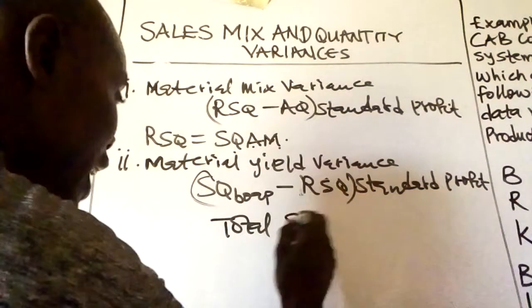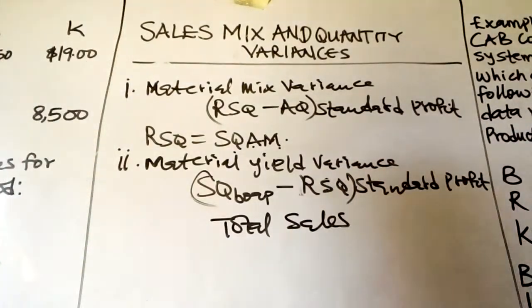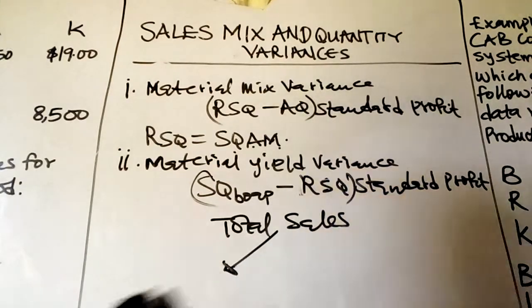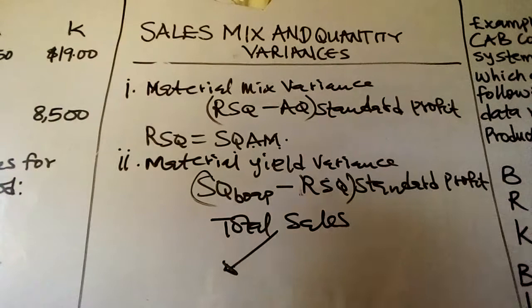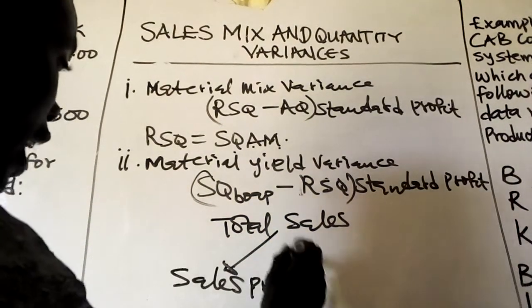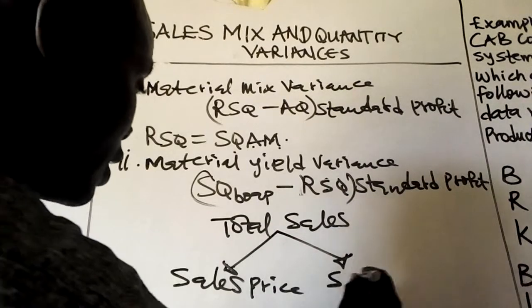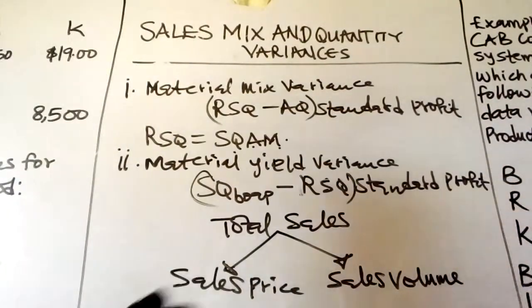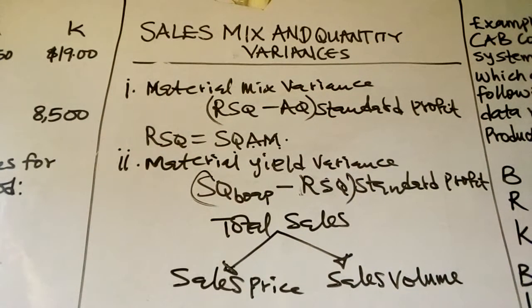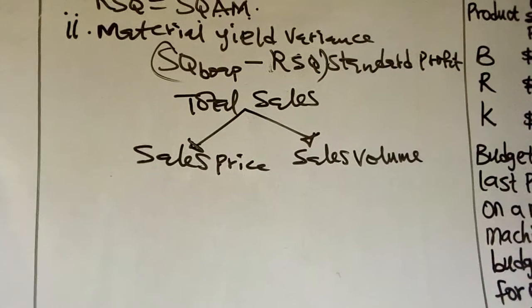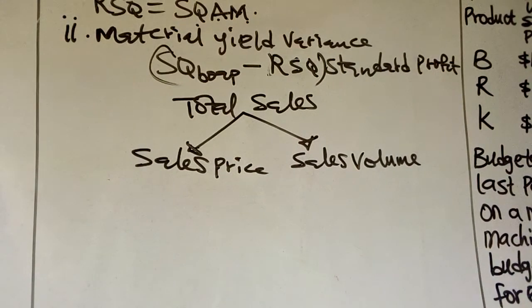We said total sales variance can be divided into two: one, the sales price variance, and the other, the sales volume variance. These two variances have been considered in our previous lecture. Try to watch my presentation on sales variances.